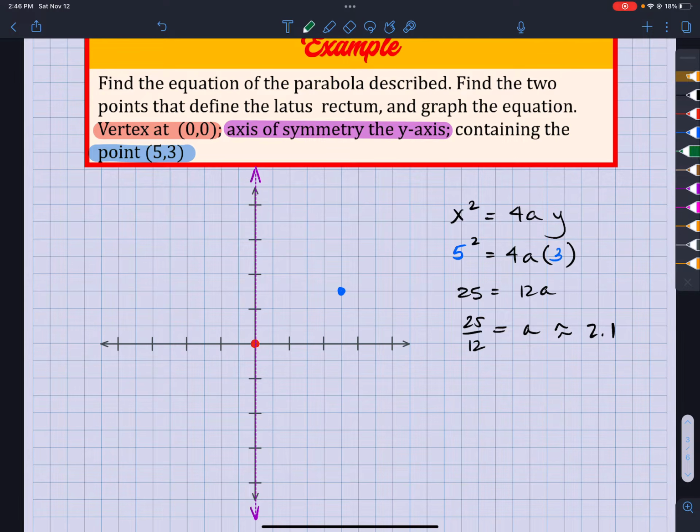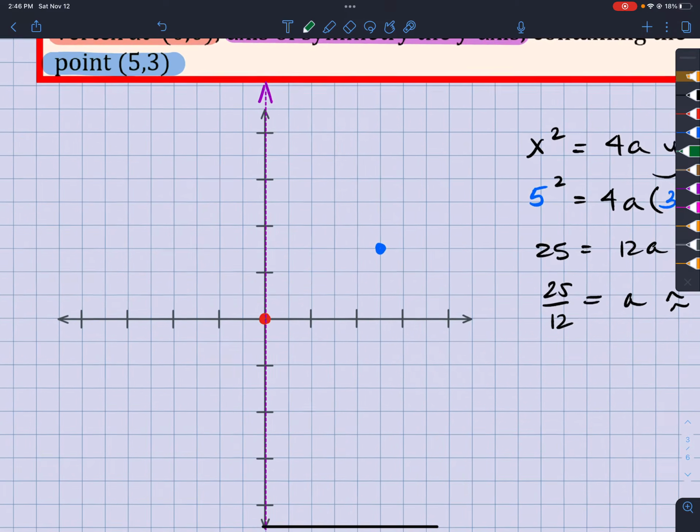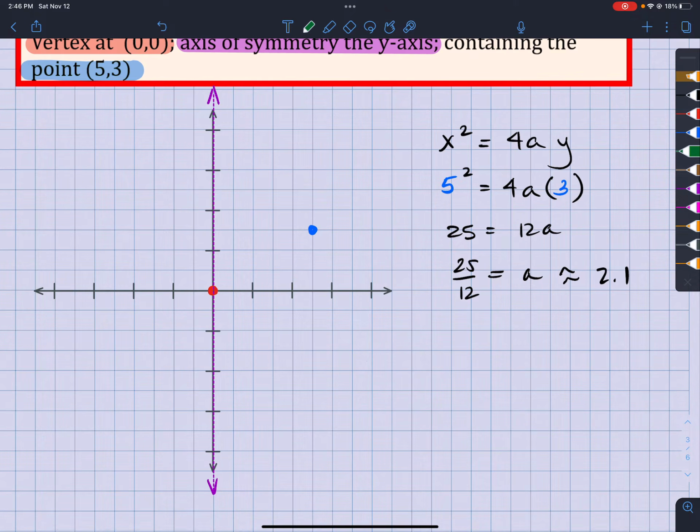So if I know that this is going to open like this, right, then I know the distance from the vertex to the focus is going to be a, right? So let's go ahead and use that. The focus is going to be 2.1 away. So the focus is going to be something like this. We'll call it F. And the directrix, we're going to run out of color, is also 2.1 away from the vertex.